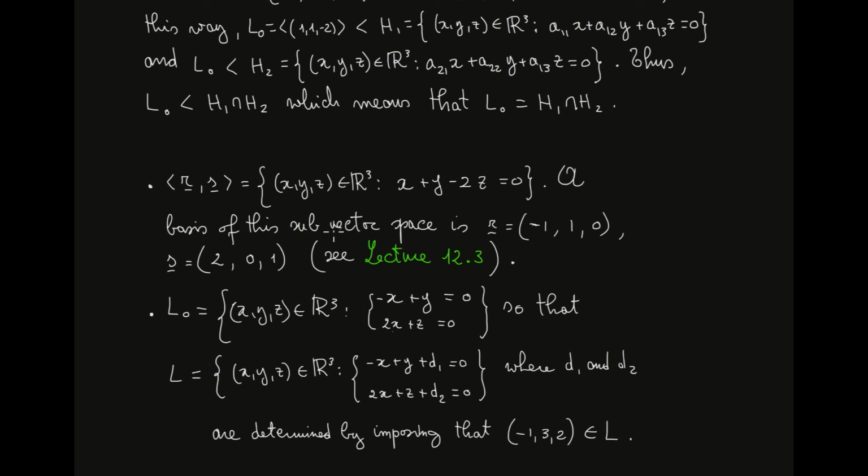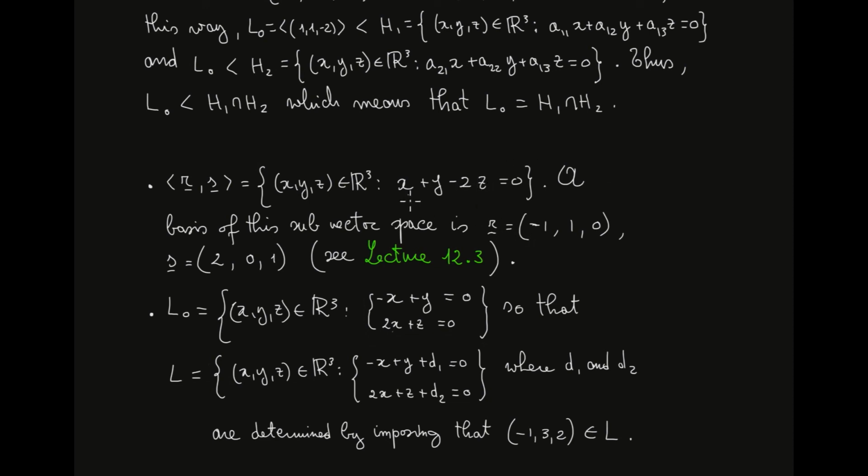A basis of this vector space is (-1, 1, 0) and (2, 0, 1). See lecture 12.3. We already explained how to find the basis of a plane written in coordinates.